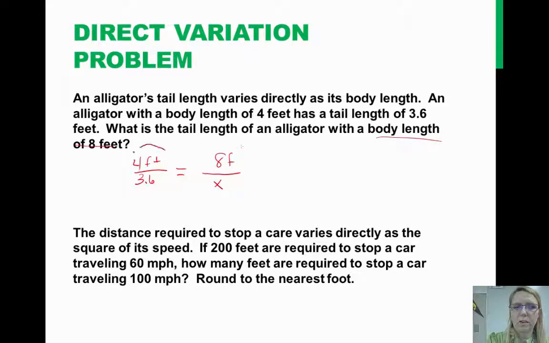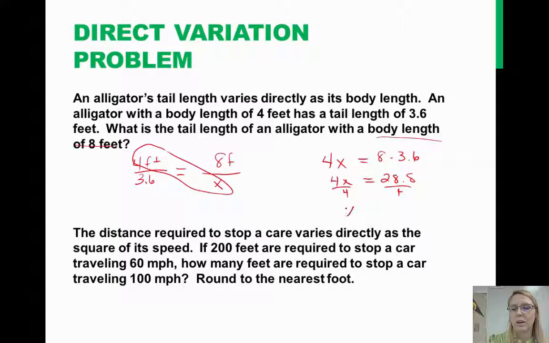So we have 4x equals 8 times 3.6, which equals 28.8. And now we divide by 4, and we have x equals 7.2 feet. So an alligator with an 8-foot body is going to have a 7.2 foot tail length.